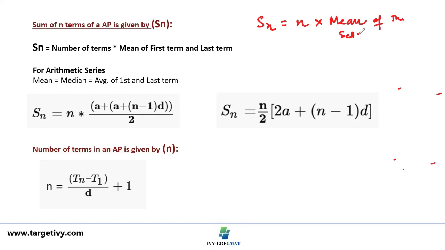If we put it this way, then we can do a bit of further treatment here. We can say this is n into (first term plus last term) divided by 2. This is the mean.